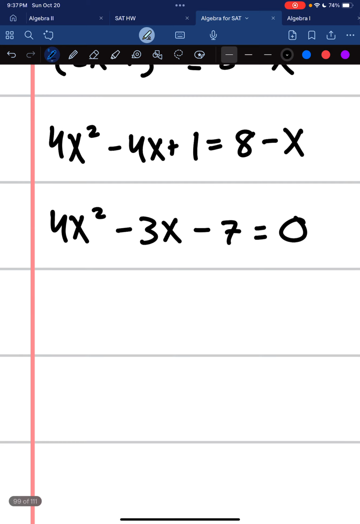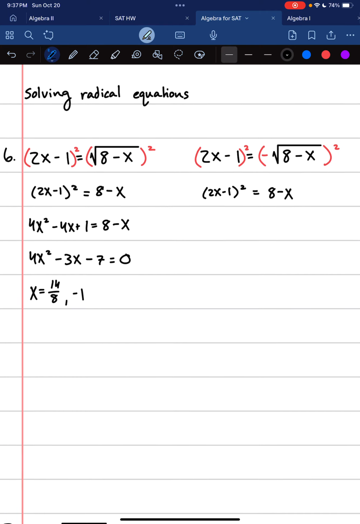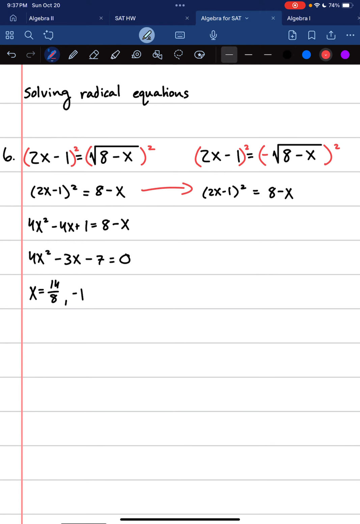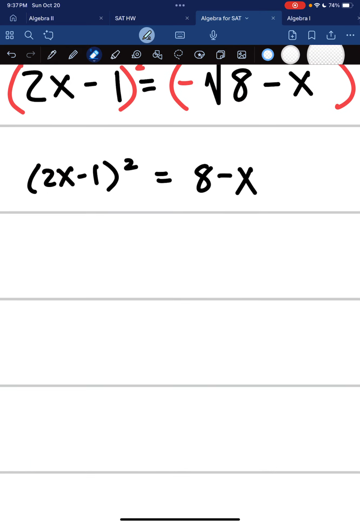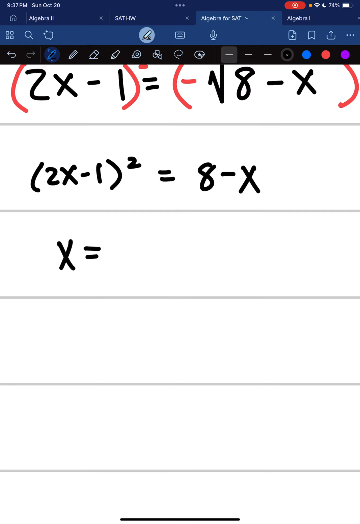And if I solve this using the quadratic formula, I'm going to end up with x equals 14 over 8 and x equals negative 1. And since these 2 equations are the same thing, obviously if I solve this one, I'm going to end up with the same solutions: x equals 14 over 8 and x equals negative 1.